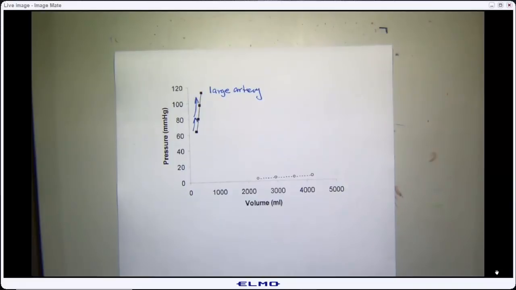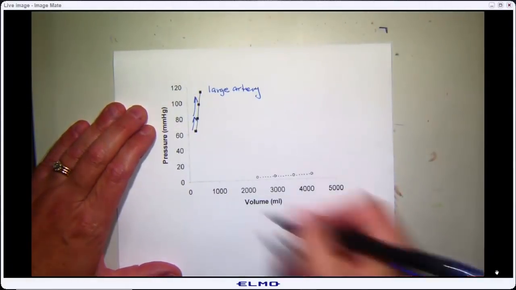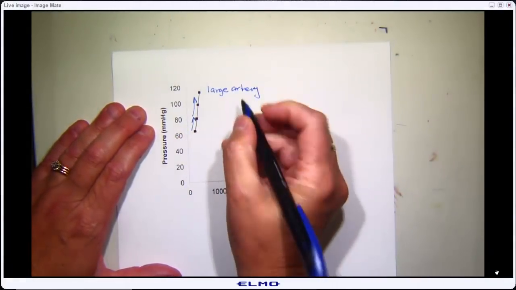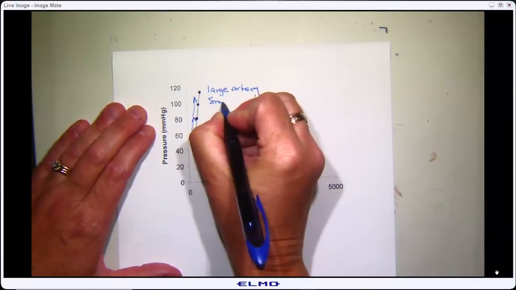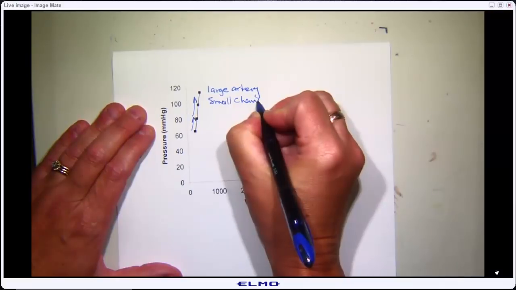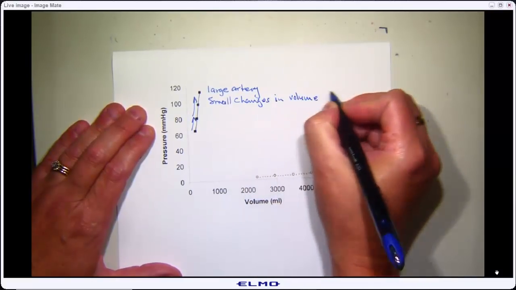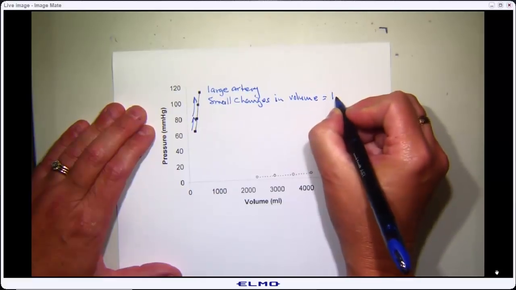Okay, great, because large arteries were for transport. We want to get blood from point A to point B. So why not just make a rigid tube and fire that blood through it, okay? So here, let's just interpret the graph in words so everyone's on the same page. Small changes in volume equal large changes in pressure.